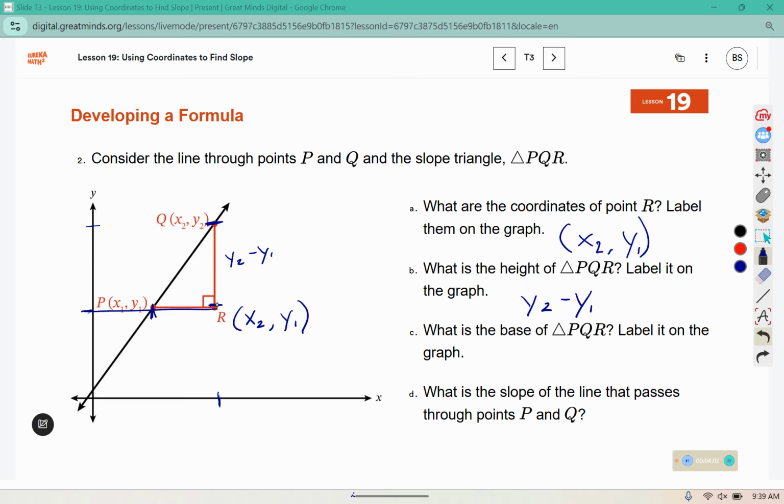Well, the base is the difference in the x values, which would be x2 minus x1. So what is the slope of the line that passes through points P and Q? It's the height to base ratio.